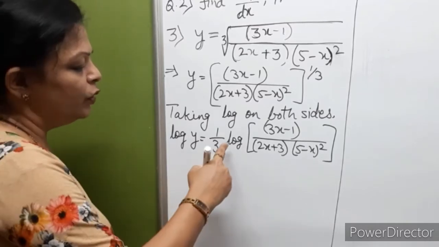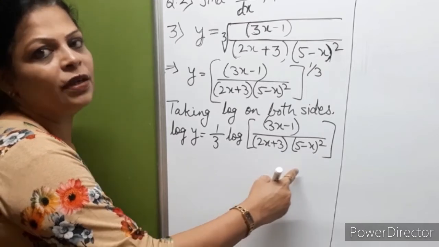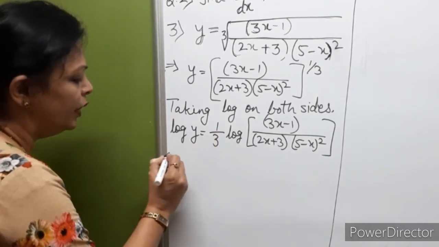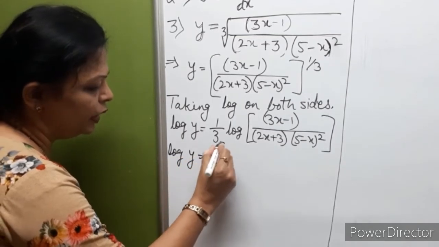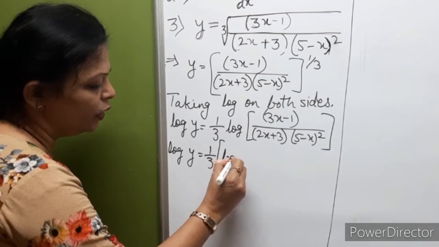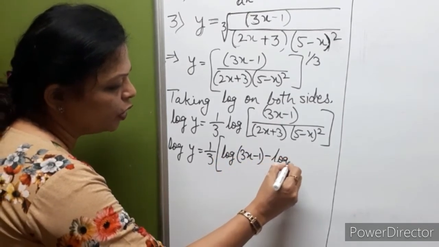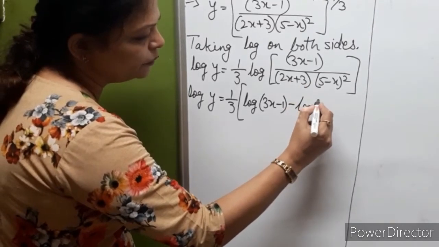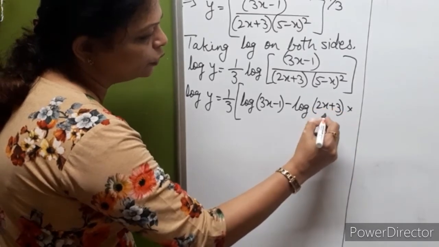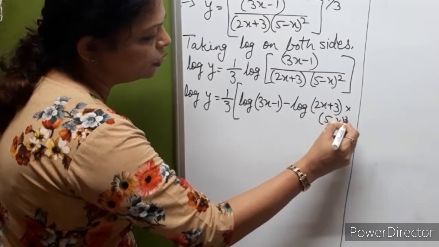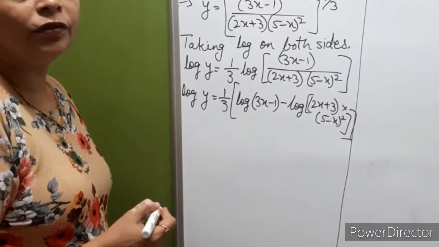Correct? Now we know that log of a upon b is log of a minus log of b. So we'll write here log y is equal to 1 upon 3, then you get log of 3x minus 1 minus log of these two brackets 2x plus 3 into 5 minus x the whole square, and this completes here. Fine.